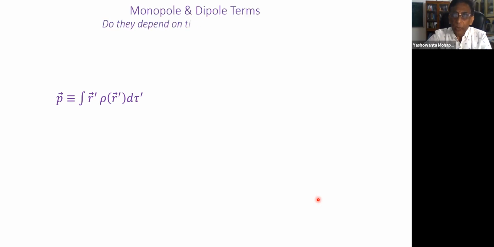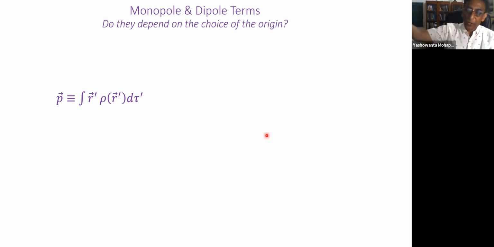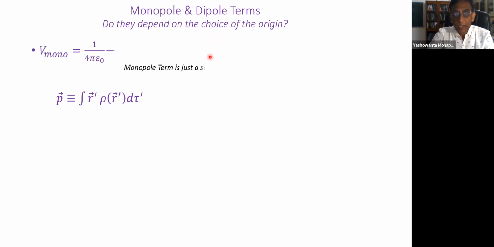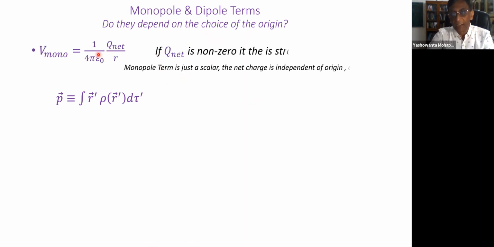Let's look at the monopole and dipole terms a little bit. Do they depend on the choice of the origin? That's a question, because everything is in terms of the far point and the choice of the origin. So does the expansion depend on the choice of my origin? That's the next question to ask. The monopole, of course, is just a scalar.